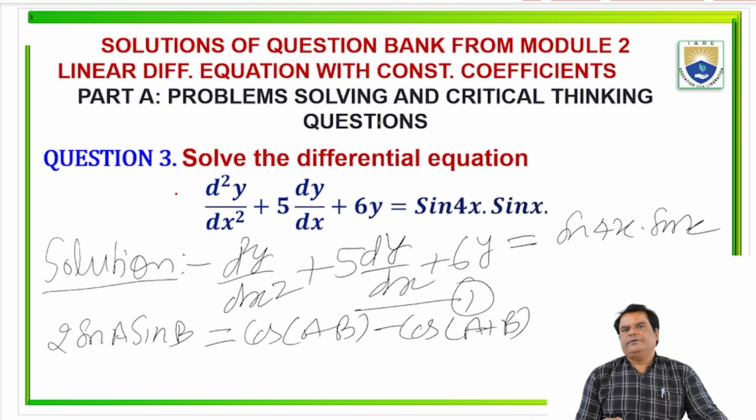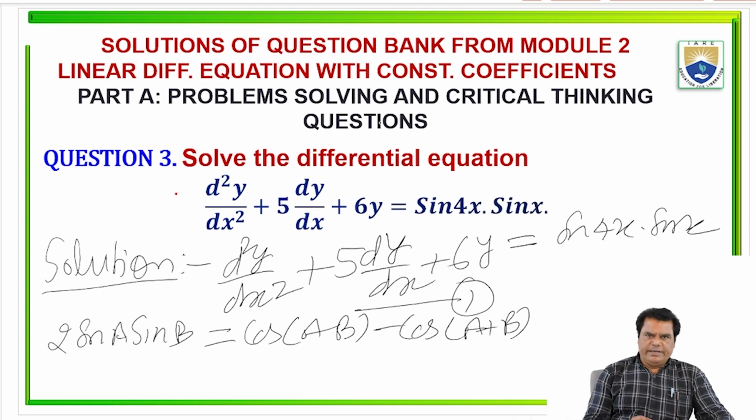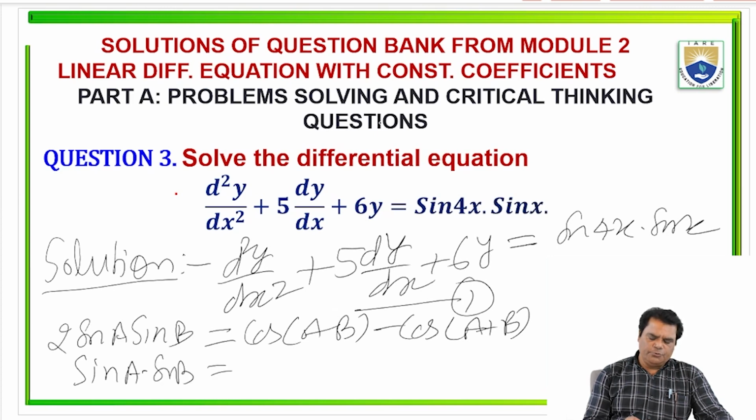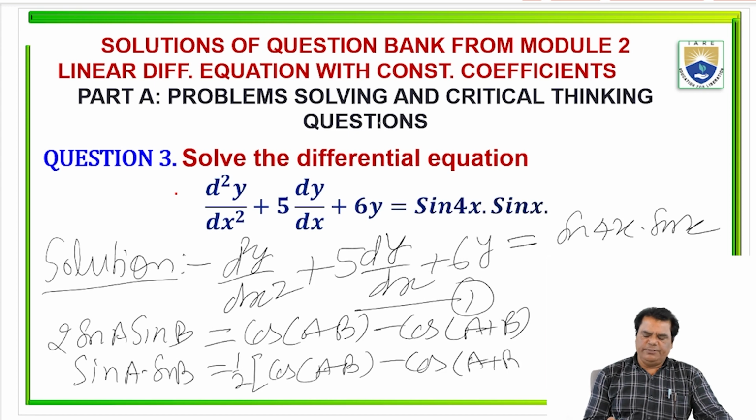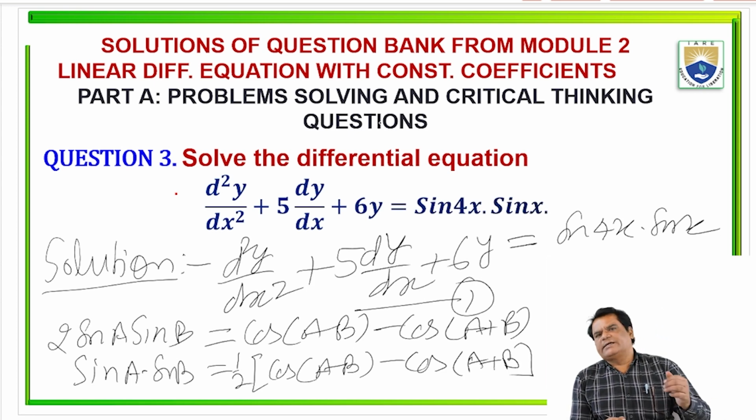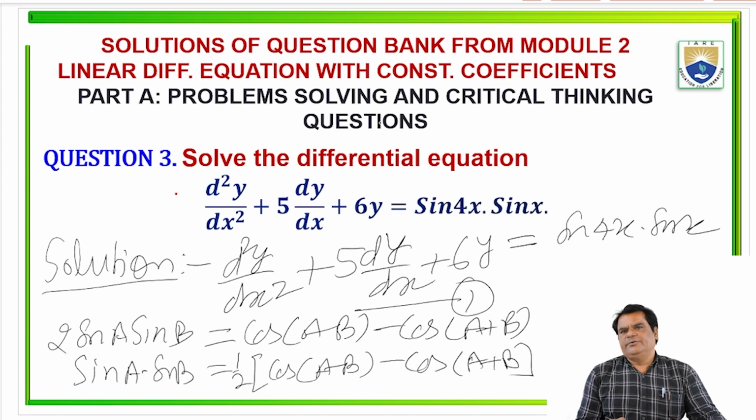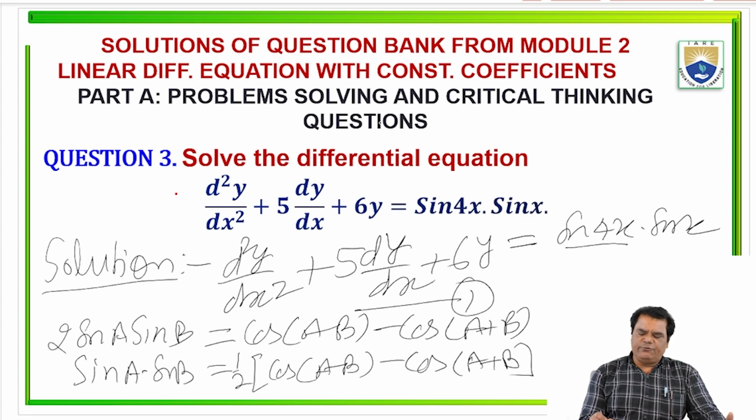So sin A into sin B is equal to 1 upon 2 into cos(A minus B) minus cos(A plus B). This is a 10th class formula and very easy. We apply it here because we have a multiplication of sin 4x into sin x, a product of two functions in trigonometry.